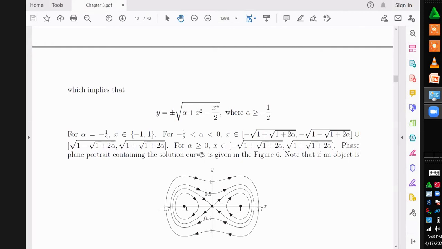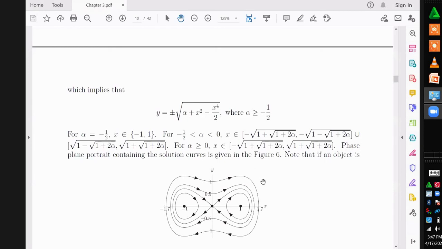Also for alpha greater than -1/2 and less than 0, this is the path, this is the curve of this function y, and also this. And for alpha equal to 0, this is the path of this function, and for alpha greater than 0, this is the path of this function.